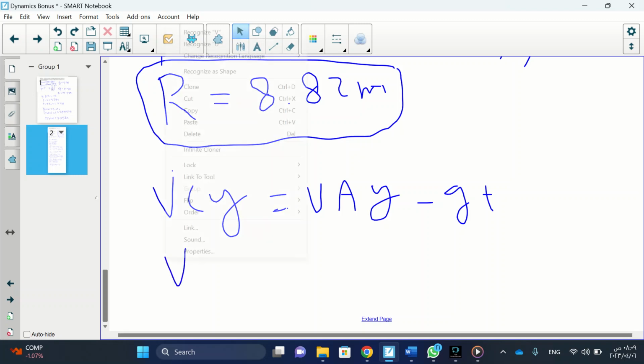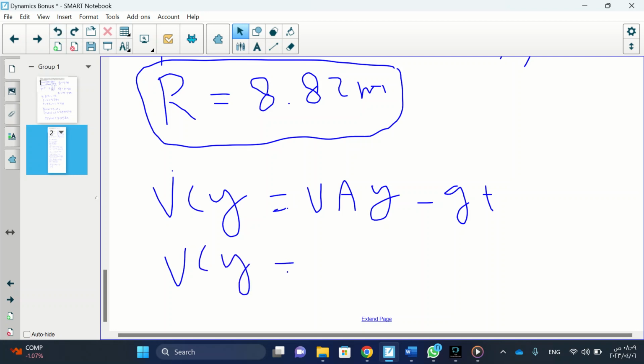So in this case we can find VCY. VCY is equal to 5, which is VAY we found already, 10 sine 30, which gave us 5 meters per second.